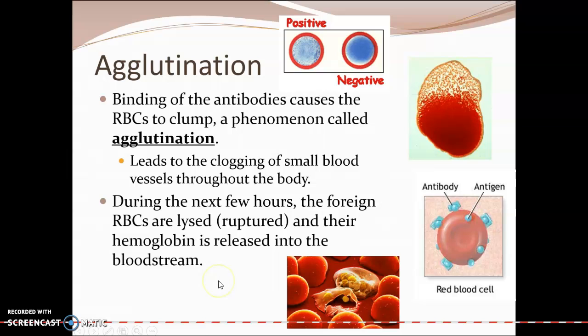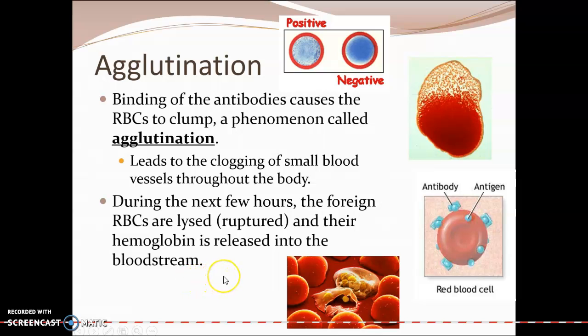So if you end up having the wrong type of blood in your body, say you get a blood transfusion and they give you the wrong kind of blood, then you're going to end up having clotting occurring in your blood, which could create difficulty for blood flow and can cause clogging of your blood vessels and could be a real big problem.